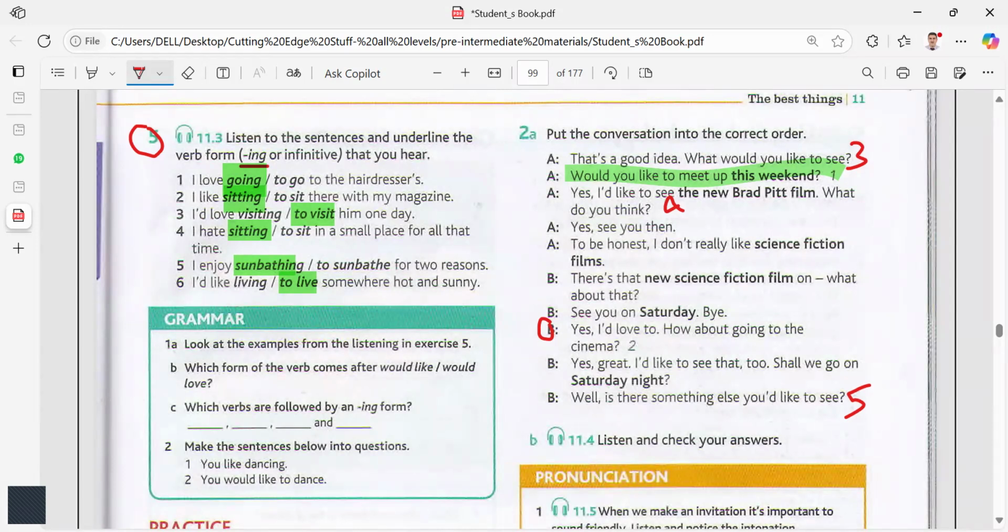Is there something else you would like to see? There is that new science fiction film on. Yes, and there is. What about that? So this is 6. To be honest, I don't really like science fiction films. Next.